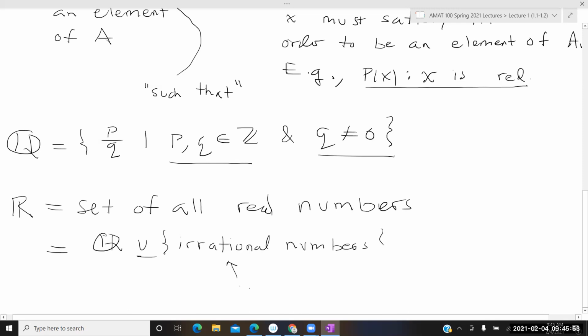These are like pi, say, or the square root of 2. An irrational number is just any number that isn't rational. They can't be expressed as a fraction or a repeating decimal.